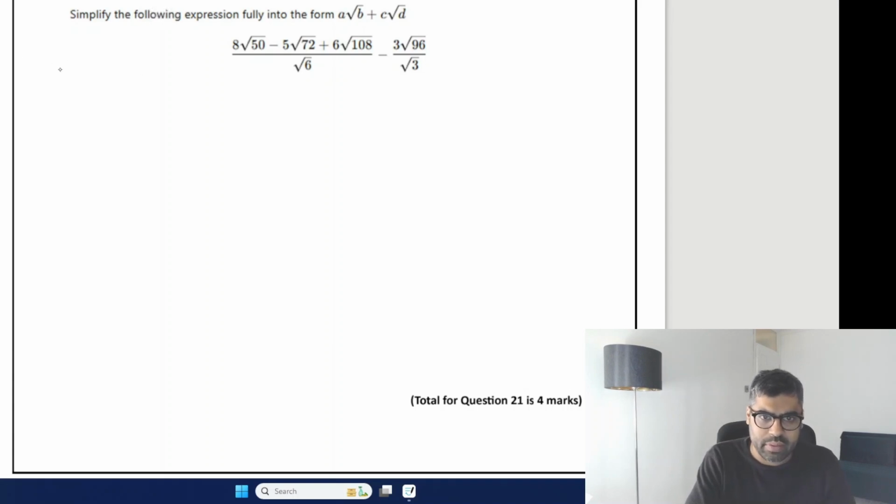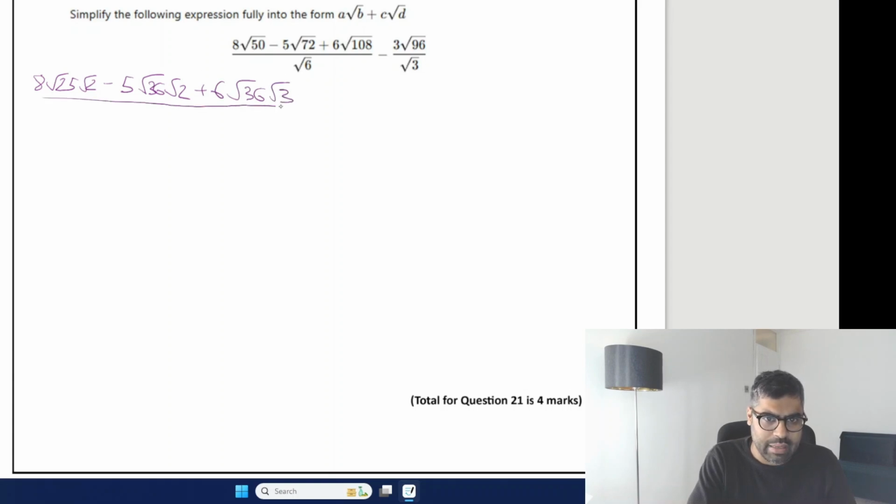So 8 root 50, remember with root 50 when we simplify, always put your root first. So it's going to be 8 root 25 root 2. Then we've got -5, which is going to be root 36 root 2. Then plus 6 root 36 root 3.